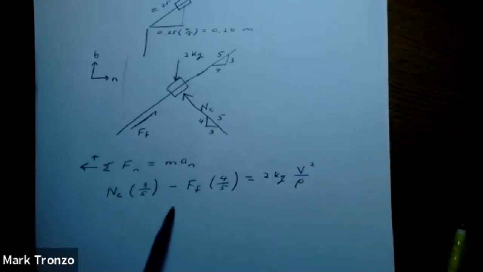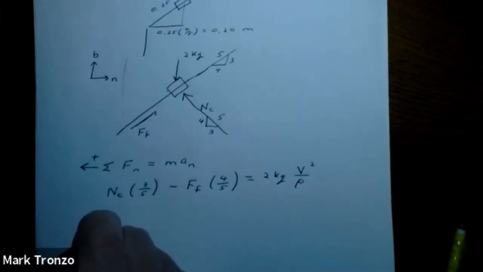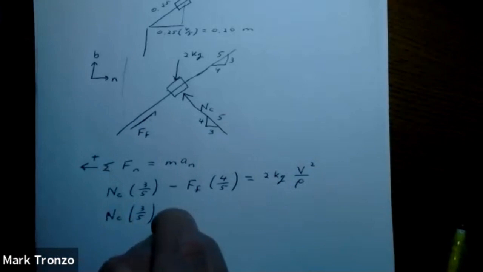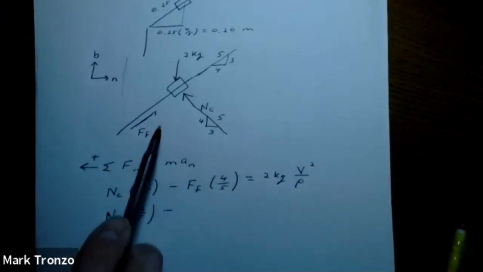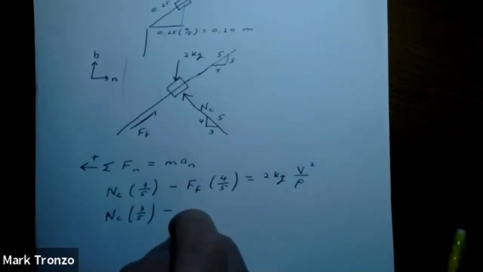Let's go to the next step. This is going to remain an unknown, so we'll keep that as 3/5 N_C. Then our friction force: remember, our friction force is always N_C times mu.